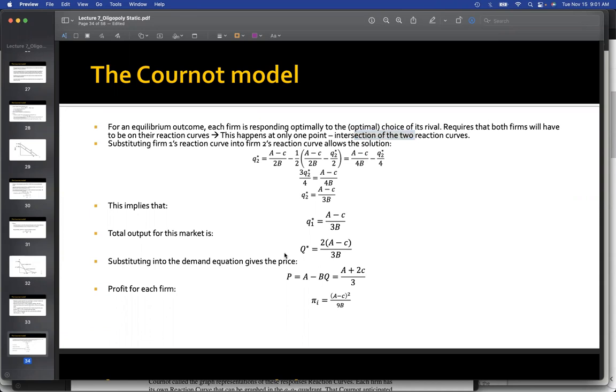So Cournot will generate a total industry output of more than monopoly. That's the first lesson.